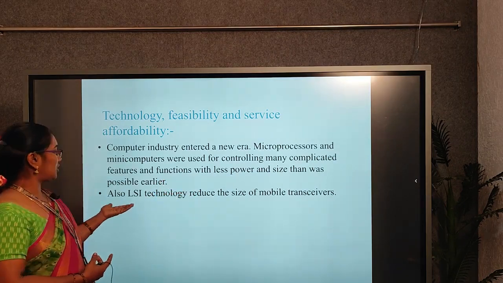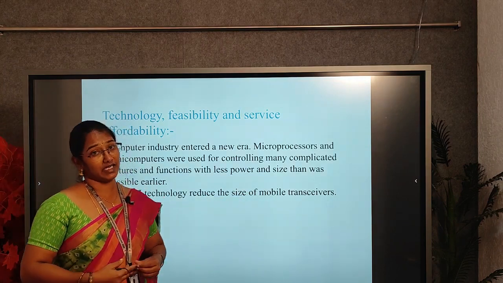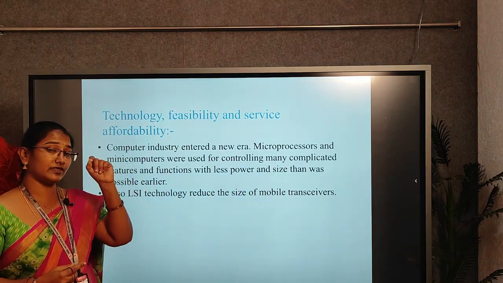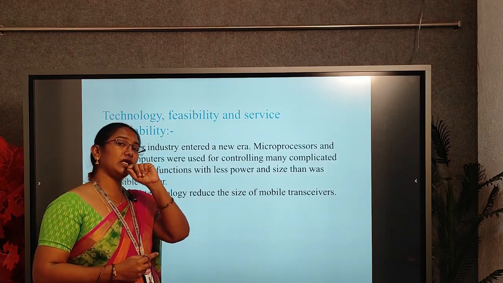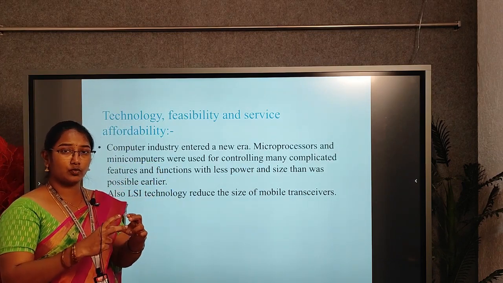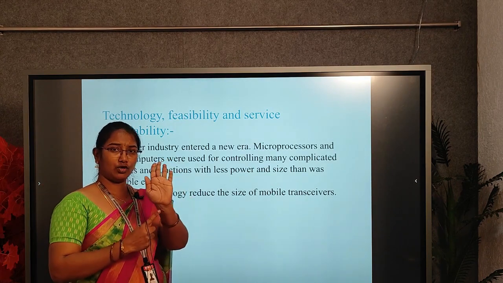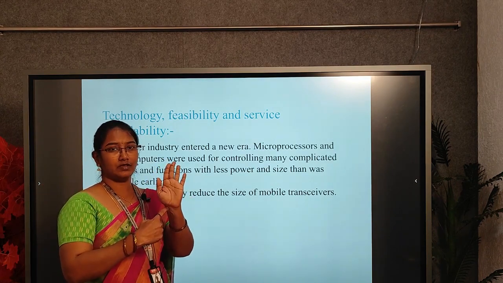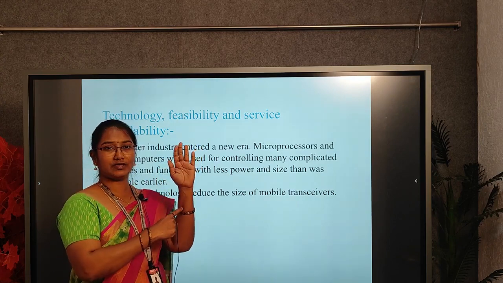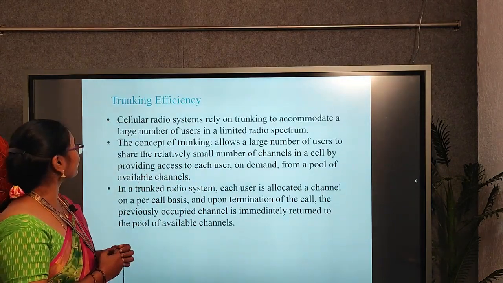Also, LSI technology reduced the size of mobile transceivers, so the whole equipment size became very small. Already we have handheld phones. In the earlier days, a phone was this size.